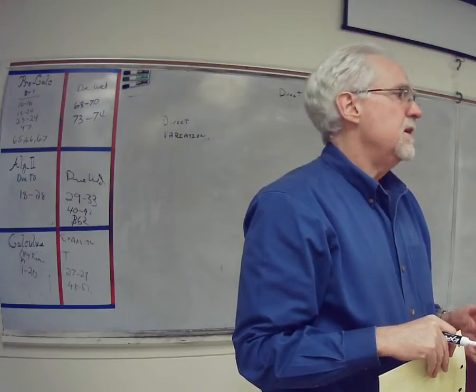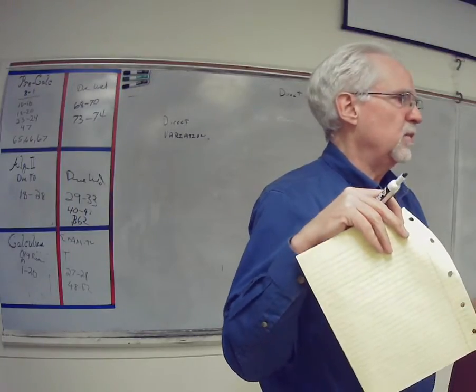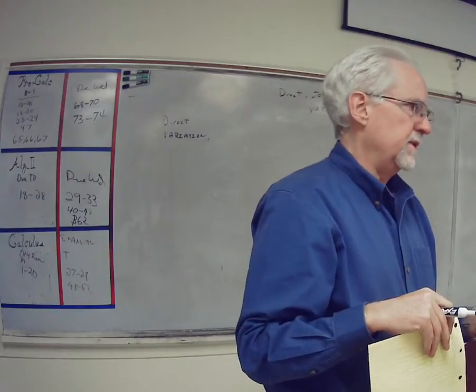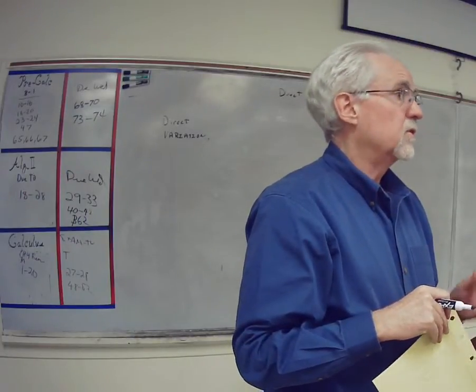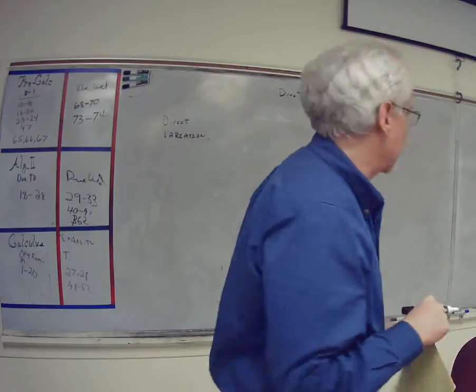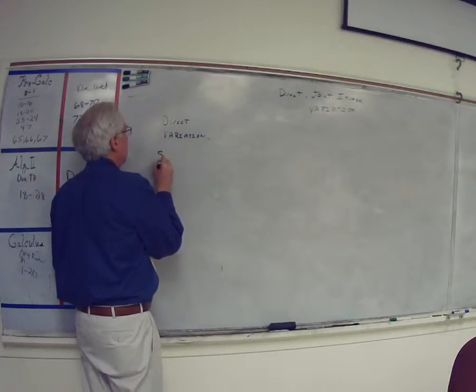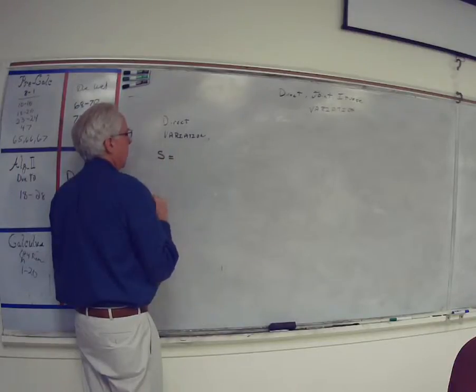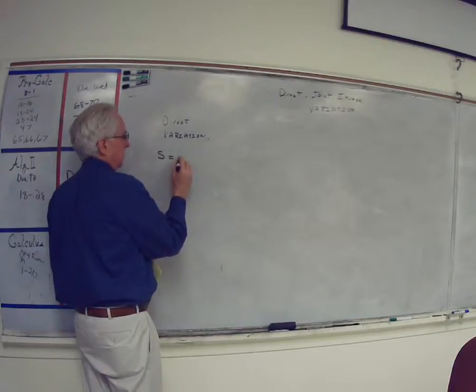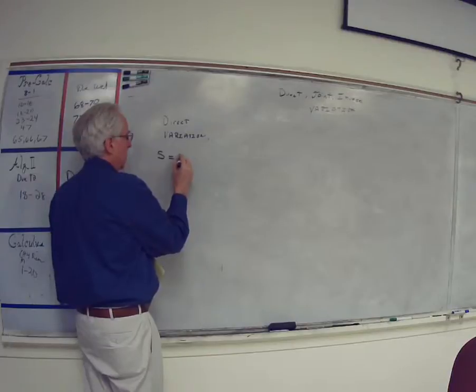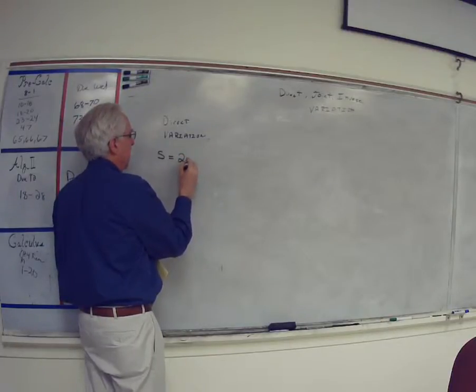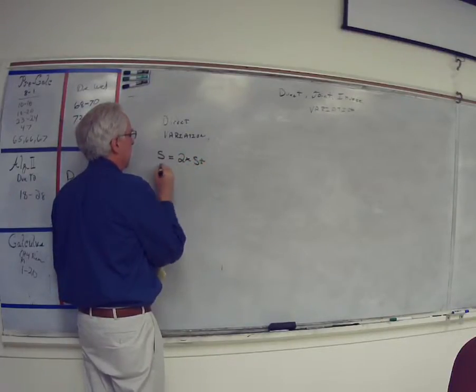Half as many shoes. So what is the relationship between shoes and students? Direct, right? It's very direct, direct variation. And so we would say the number of shoes is equal to what? 2 times the number of students.